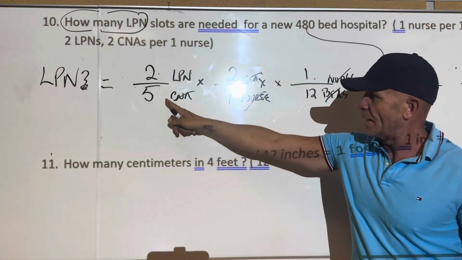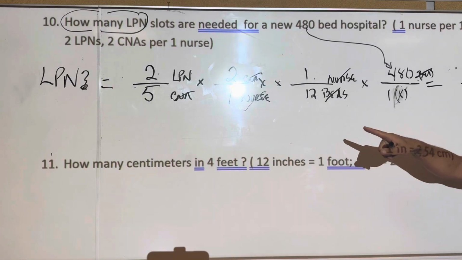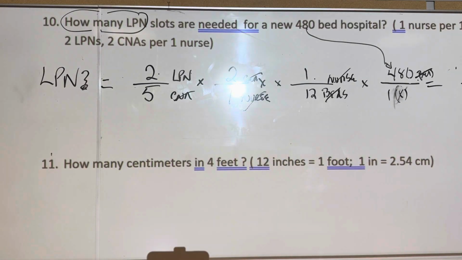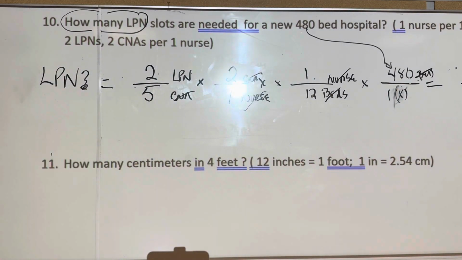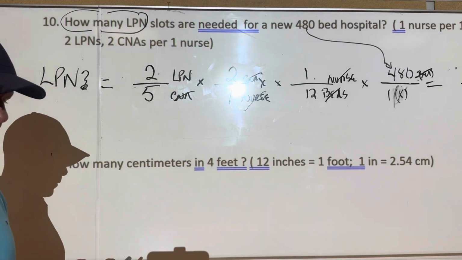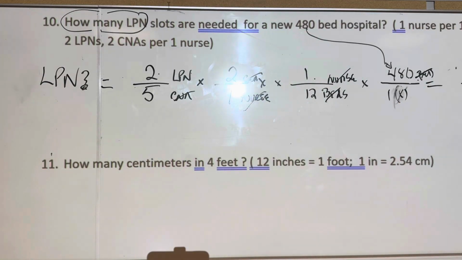Divided by 5 times 1, which is 5, times 12 is 60, times 1. So that's 60. So 1,920 divided by 60 equals what? 32 LPNs.